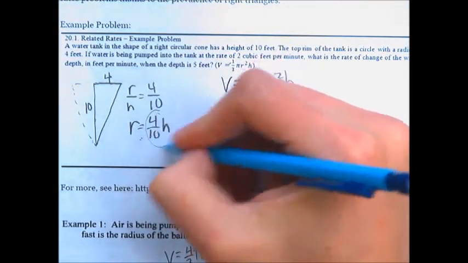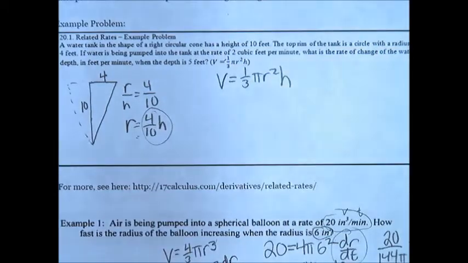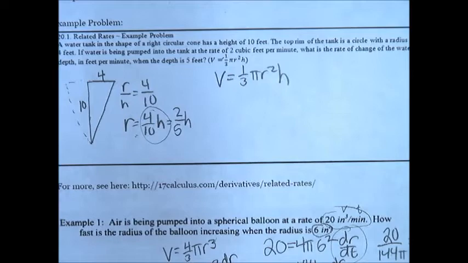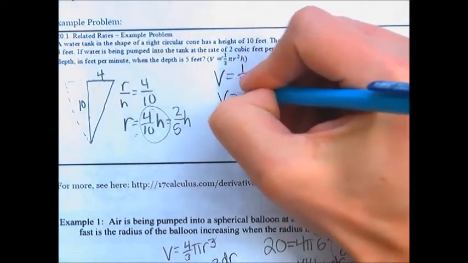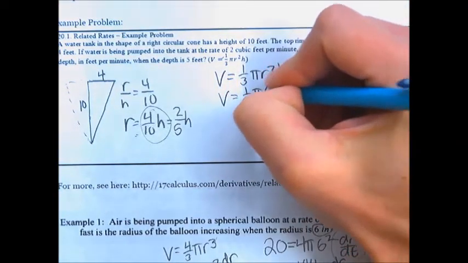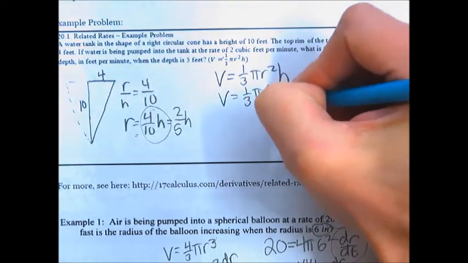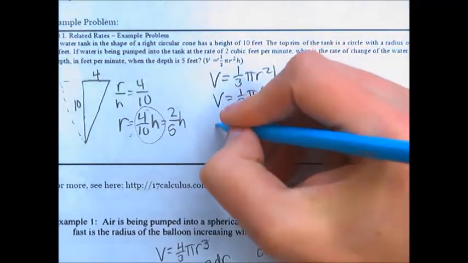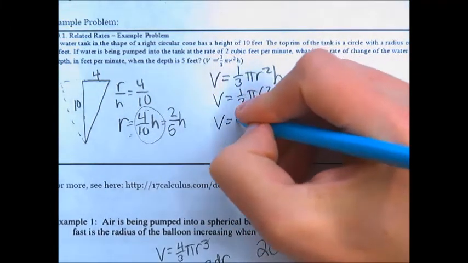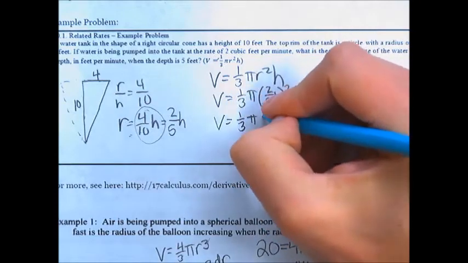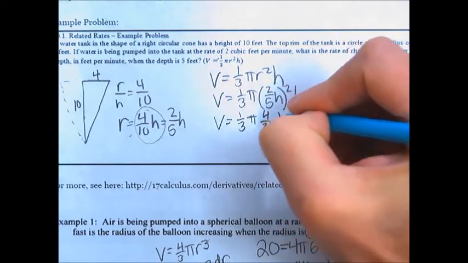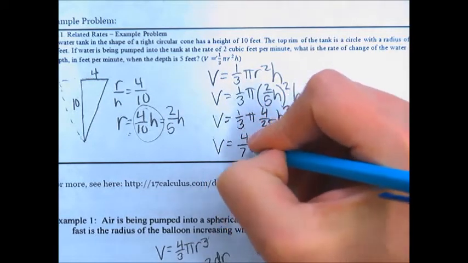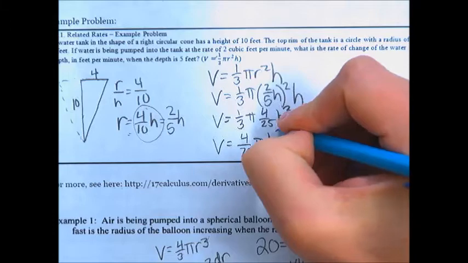So I actually do want to plug in 4/10 h for r. I should probably call this 2/5 h to save myself some math. Alright, V is equal to 1/3 pi times 2/5 h squared times h. I should combine all these terms before I take the derivative. 1/3 pi times 4/25 h cubed, and V is equal to 4 over 75 times pi h cubed.